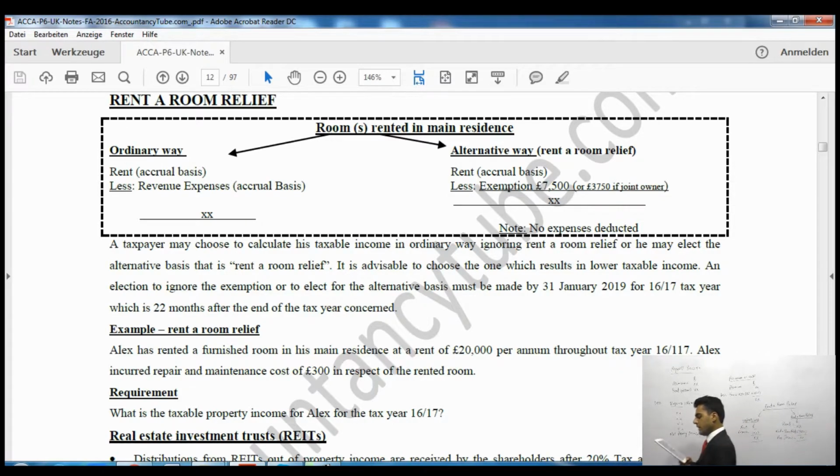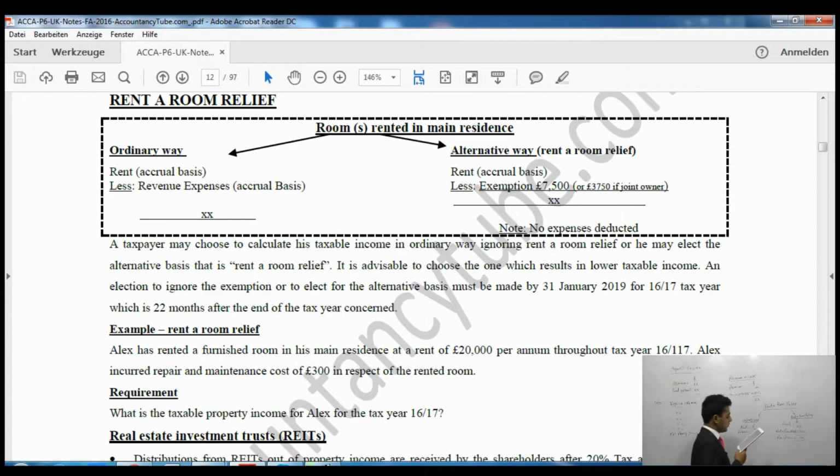In the alternative way, which is the rent a room relief way, we take the rent on the accrual basis again, and we cannot deduct expenses in this section. We have to deduct rent a room relief, which is £7,500, an exemption. If the property is jointly owned, then it will be divided by 2, which will be 3,750.